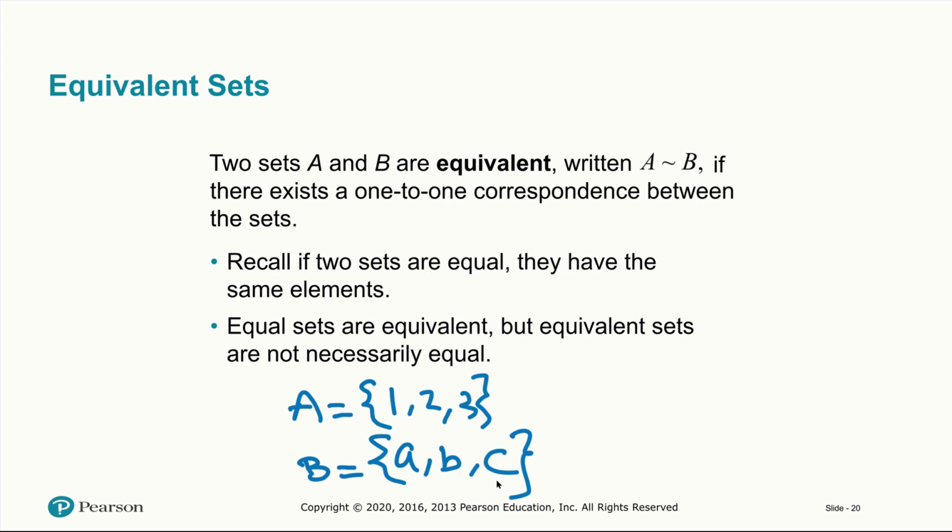That's called cardinality. We're going to get into that in just a few minutes, but just keep in mind that as long as 2 sets have the same number of elements, they should be equivalent. So here we can say A is equivalent to B.